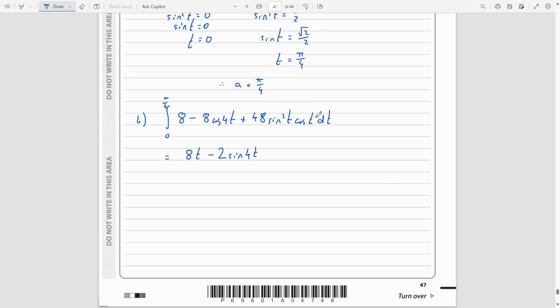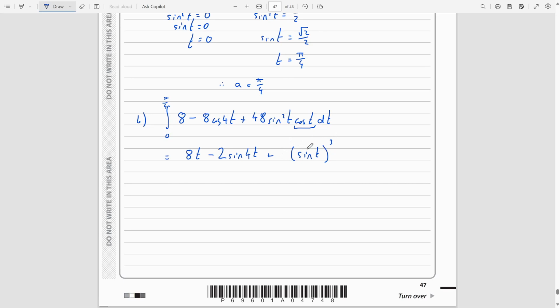Now for this one here, you could do this with a substitution, but I prefer just doing this as reverse chain rule, noticing that cos t is the derivative of sine t. So I can actually basically see the answer to this. It's going to be something times sine t cubed. Why is that? Well, imagine I differentiated this. The power would come down and drop by 1, leaving me with 3 sine squared t.